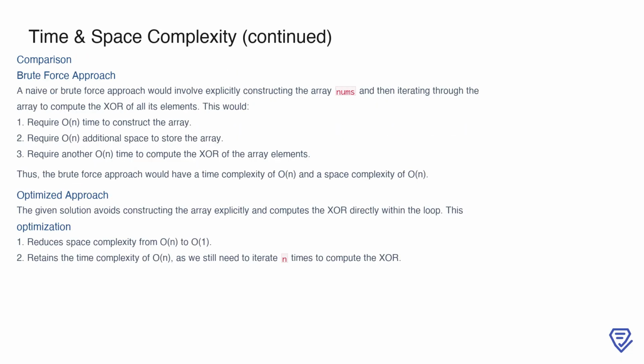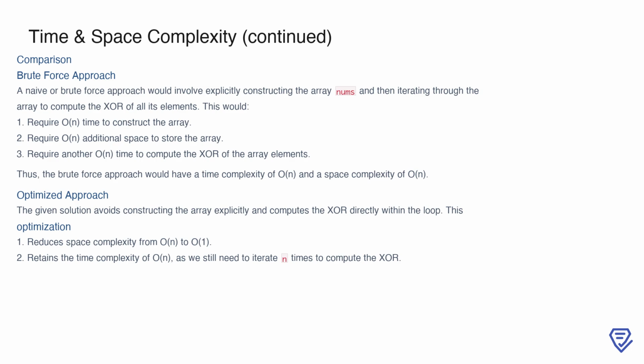To appreciate the optimization in the given solution, let's compare it with a brute force approach. A naive method might involve explicitly constructing the array nums, which requires O(n) time to generate and O(n) space to store. After constructing the array, another O(n) time would be needed to compute the XOR of its elements. Therefore, the brute force approach would have a time complexity of O(n) and a space complexity of O(n).